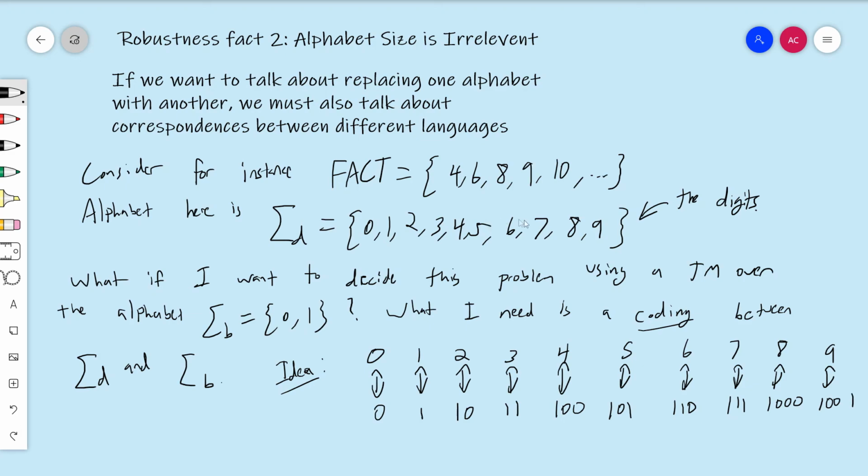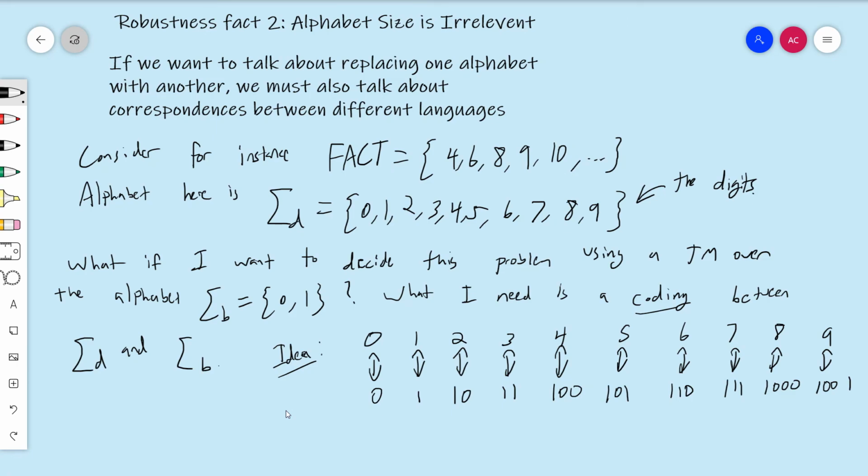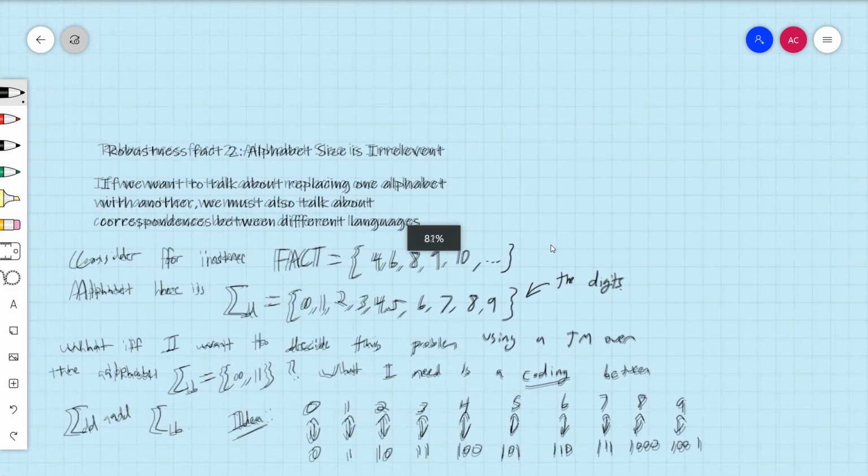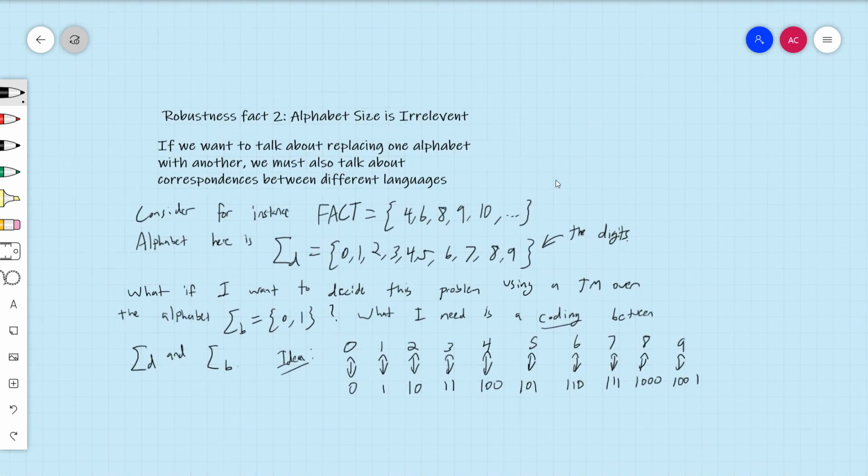So these are just the binary representations of these numbers. Now, the idea essentially is now I can represent, say, 10 as the binary encoding of 1. So 10 really is two symbols, right? 10 is the symbol 1 joined with the symbol 0. So I would replace it with the coding for 1 followed by the coding for 0.